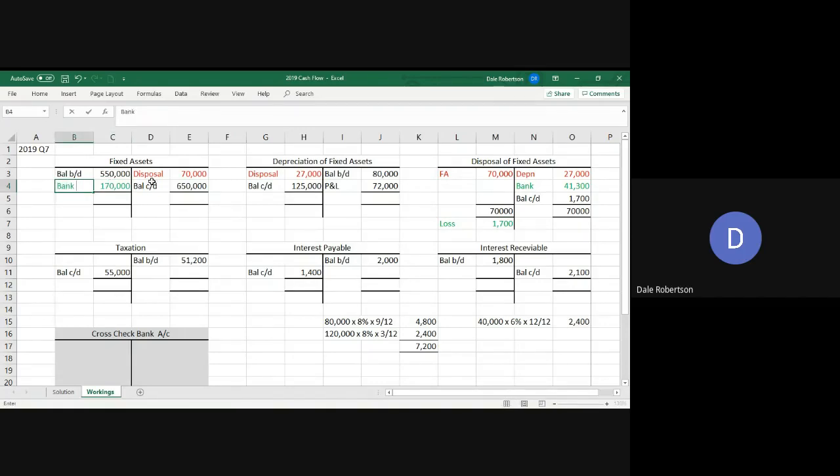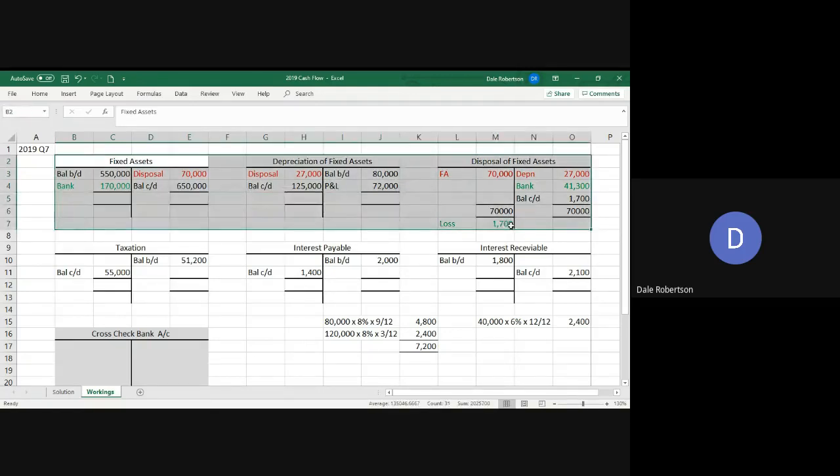Otherwise, the balance would not be 650. How can you have a balance of 550 and sell something and end up with 650 as a closing balance, only if you also bought 170,000 here? Now you have all three T accounts balanced with the same on the debit and the credit, and therefore the numbers that you use.